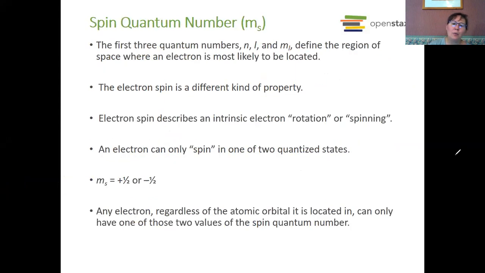Okay. Now, before we show a few more things, that brings us to our 4th quantum number, and that's the spin quantum number. So the first 3 quantum numbers, n, L and m sub l, define the region of space where an electron is most likely to be located. The electron spin is a different kind of property though. It doesn't tell you where it is, it describes the intrinsic electron rotation or spinning.